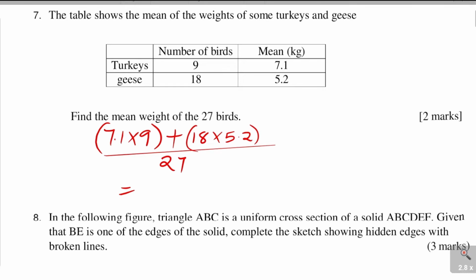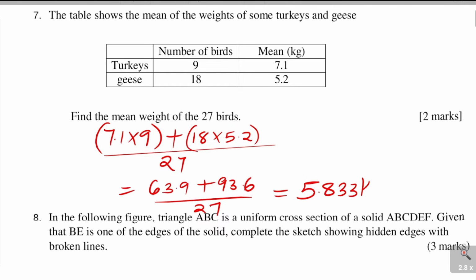So this will give 63.9, that is 7.1 times 9, plus 18 times 5.2. That will give 93.6. And then you divide by 27. So once you use a calculator and work these out, you'll get 5.833 kg.